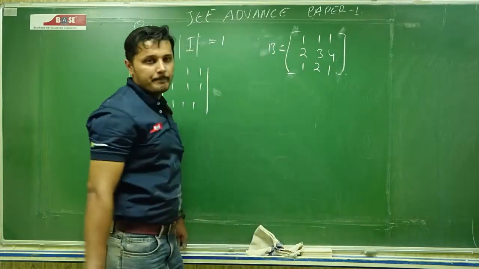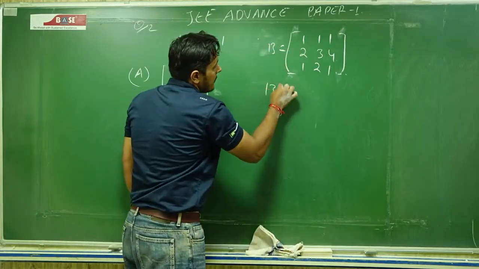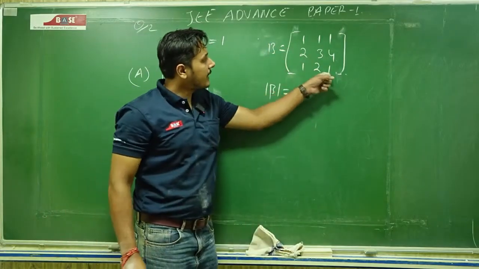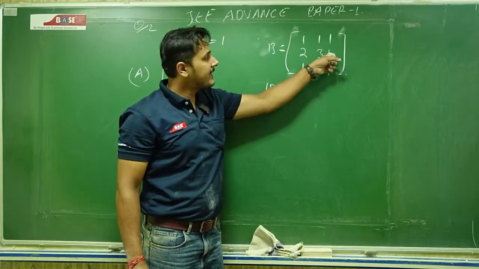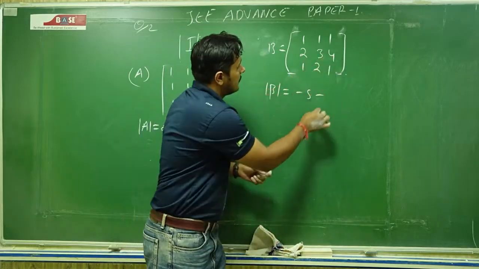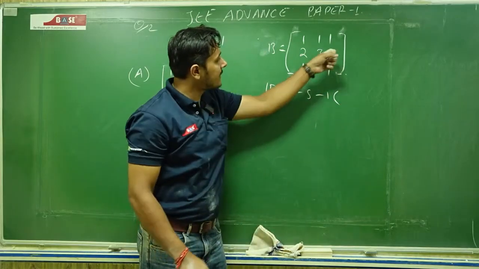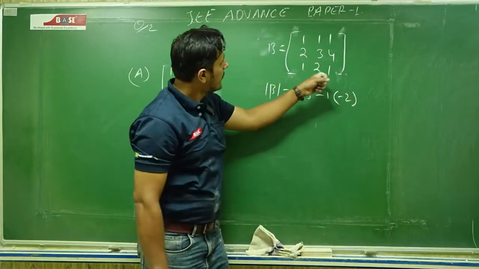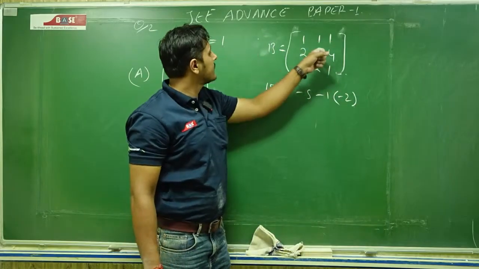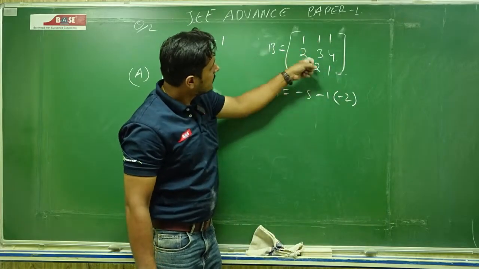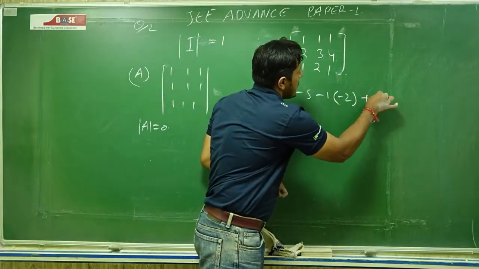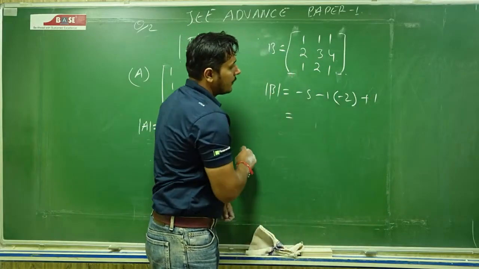That is B. So det B is equal to 3 minus 8, 3 minus 8 minus 5, minus 1 into 2 minus 4 minus 2. And what is this? So 1, 4 minus 3, that is 1.